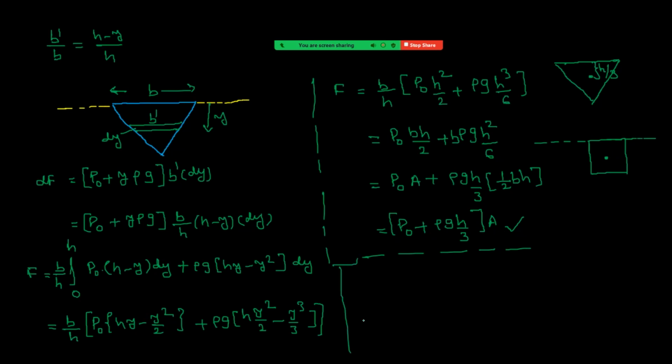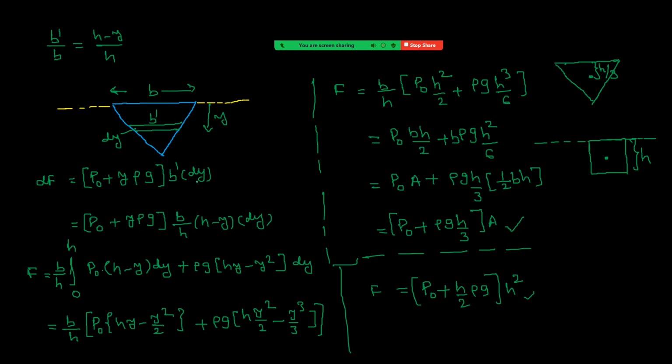F equals P naught plus, the center of mass will be at the center of the square plate, right? If the side length equals h, it will be h by 2 rho g. That is the pressure at this point into area. It's a square, so h into h square. So like this directly we can write.